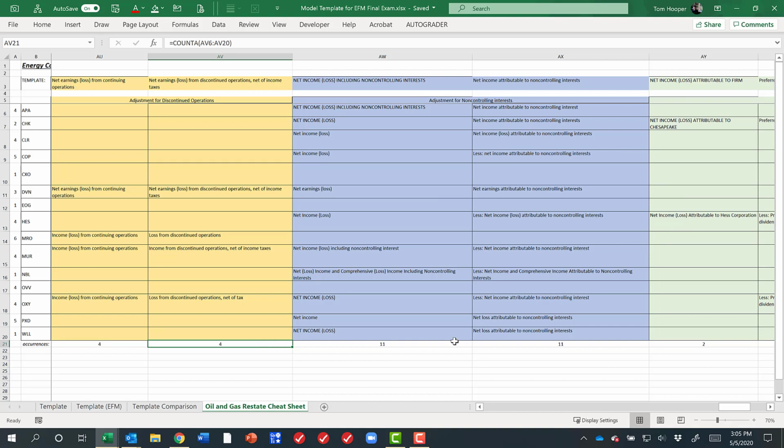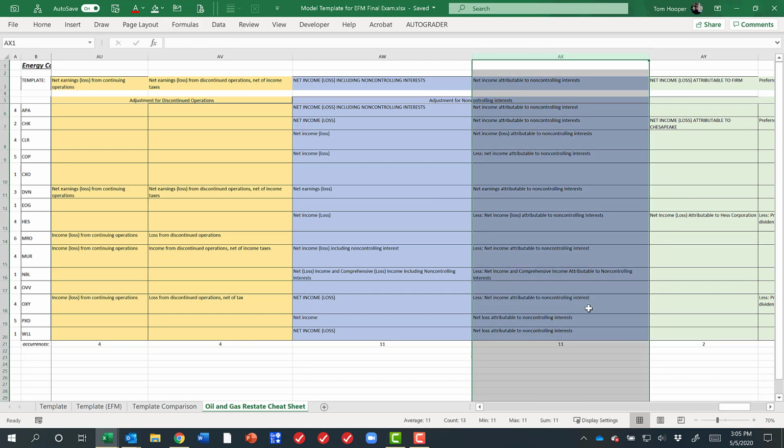The next thing that they would put, and all of these were in this order, is non-controlling interests. Remember, we saw a lot of non-controlling interests on the standard template. If a company owns a controlling share, but not the entire share of a subsidiary, they include that subsidiary in all their sales and costs, but then for the portion they don't own, they have to back that out as a non-controlling interest.